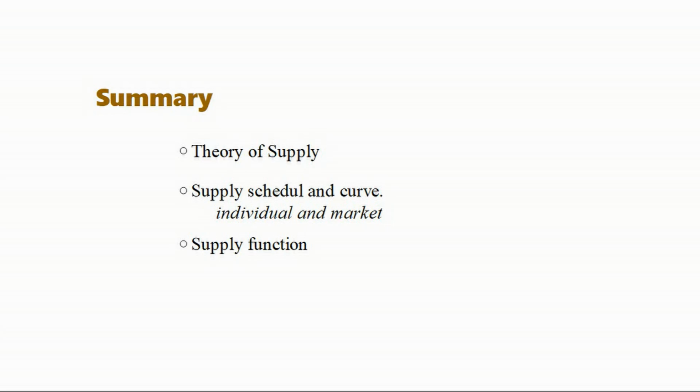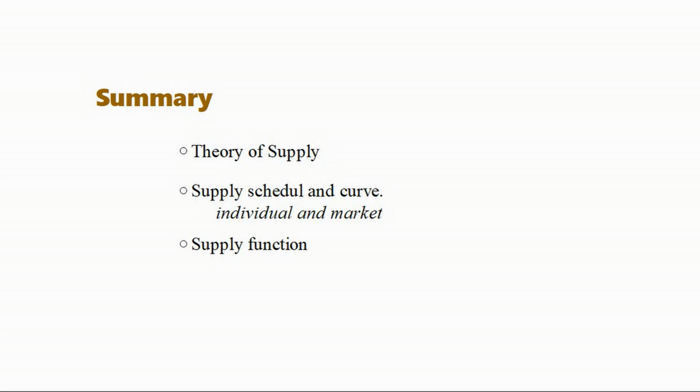And the market supply schedule represents the sum of the quantity supplied by all the sellers or the individual firms in the market. Supply curve shows the same information graphically rather than in tabular form. There are individual supply curves and market supply curves.